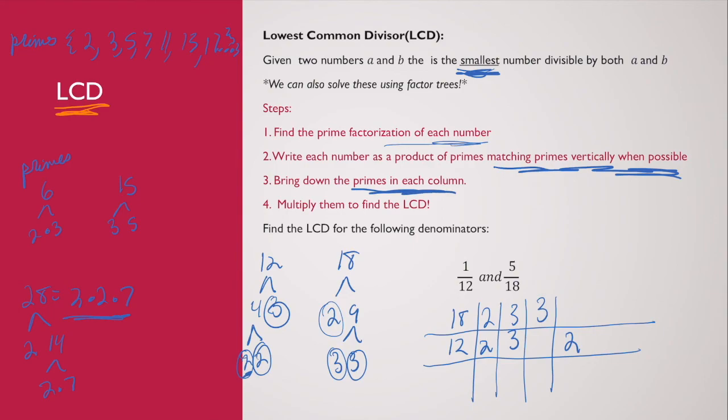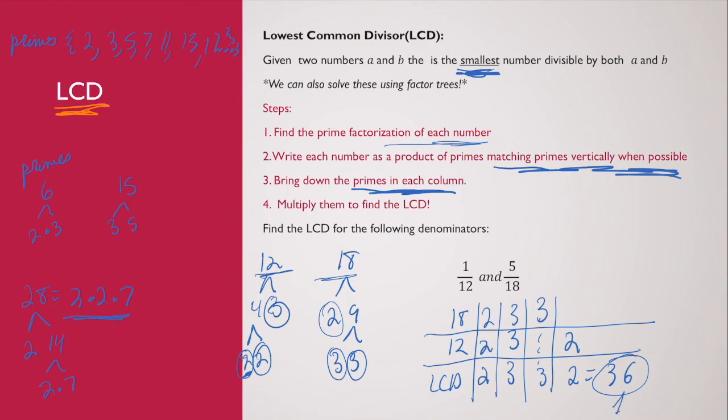So our LCD is 2 times 3 times 3 times 2, which is 4 times 9, which is 36. So 36 is the smallest number divisible by both 12 and 18.